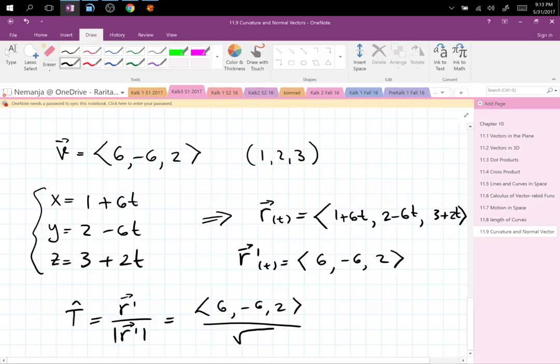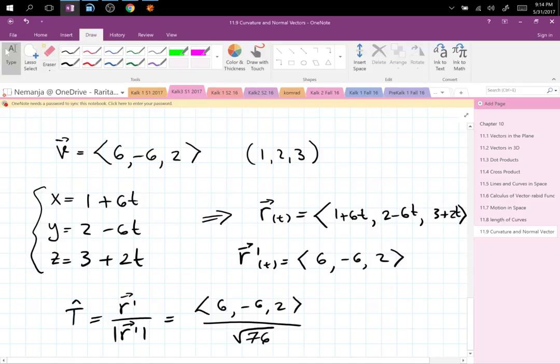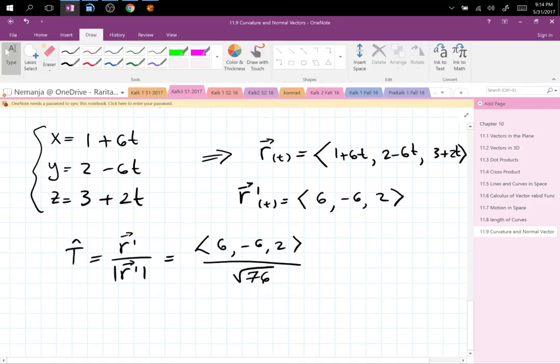So 36, 72 plus 4, that's 76. Great. Now, if you look at this, you would technically have 6 divided by the square root of 76 and so on. So now for our formula for curvature, we need the derivative of that, but since these are all constants, we get a zero vector there.